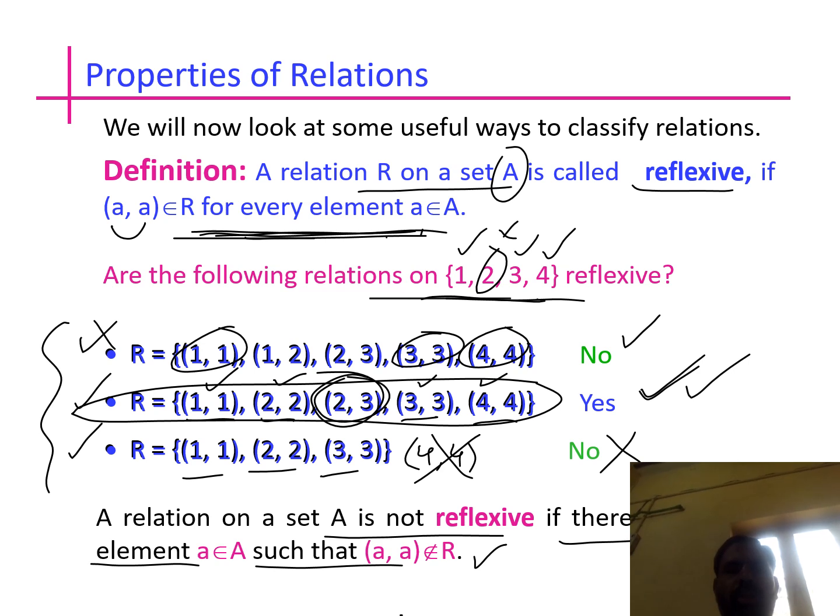Is this binary relation R reflexive? The answer is no, because (1,2) is not reflexive, and (2,3) is not reflexive. You can see that it is reflexive if both of the elements belong to that.